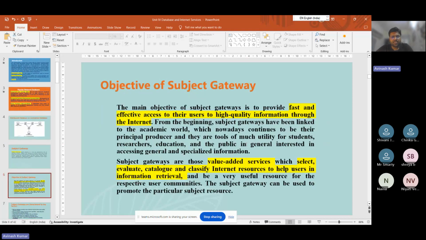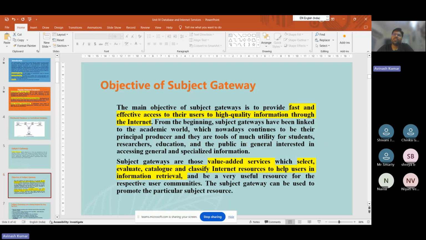So next is the objective. What is the objective of a subject gateway? It is fast and effective access for users to high quality information through the internet. Nowadays it is not so useful, but some organizations still use the subject gateway concept. I will provide some examples of subject gateways.